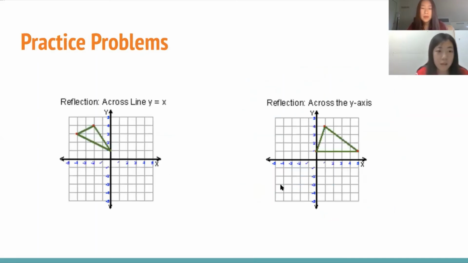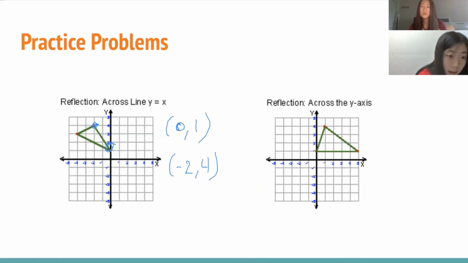So let's do some problems together. For this point, it's 0, 1. And for this point over here, it's -2, 4. And the last point over here is 3, -4.